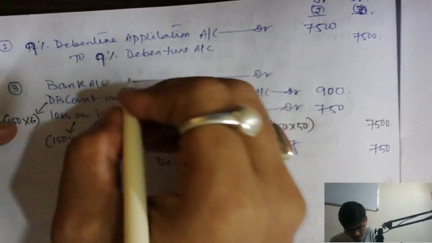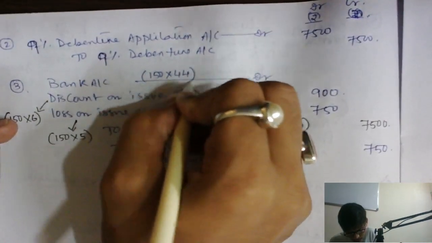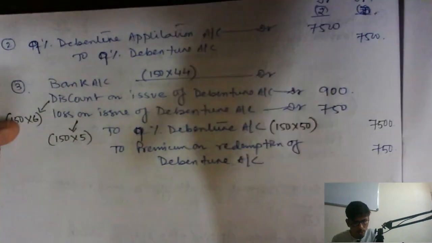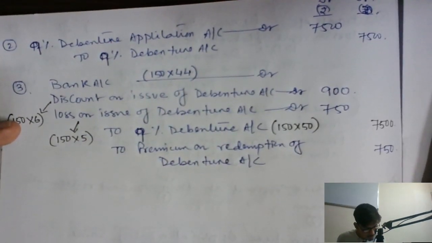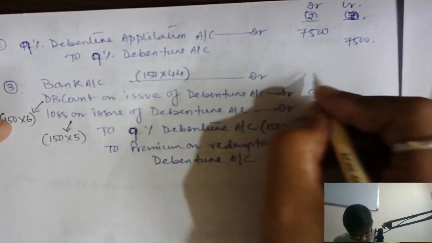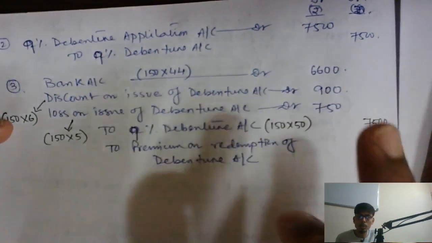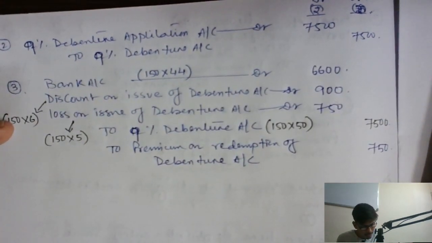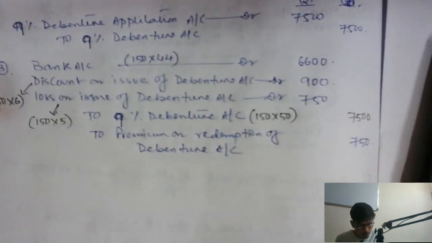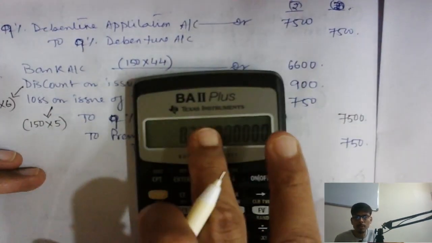एंड बैंक कितना होगा सर? देखिए मिला लीजिए 150 into 44 होना चाहिए. देखो 6 रुपीज डिस्काउंट. सो 150 into 44 कितना हो रहा है? देखिए 150 into 44 you are getting 6,600. Okay, so now we are matching debit and credit. It will be matched. See here, it is 6600 plus 750 plus 900. It's coming 8250 and 7,500 plus 750 करोगे तो 8250 ही आएगा, आपका 8250 आ रहा है यहाँ पे.